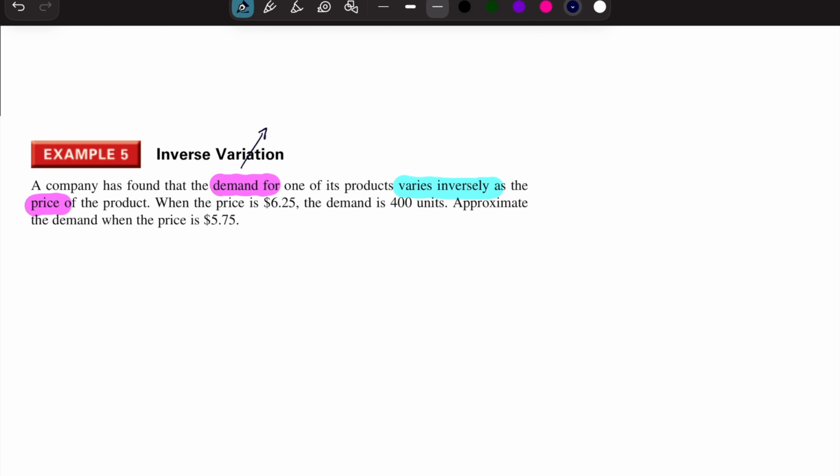Demand, I'm going to go D. Price, feeling creative, so I'm going to go P. And again, right when we see varies inversely, we know we're talking about the form y equals k over x. But we don't have a y and an x, we have a d and a p. So d varies inversely as p, so d equals k over p.